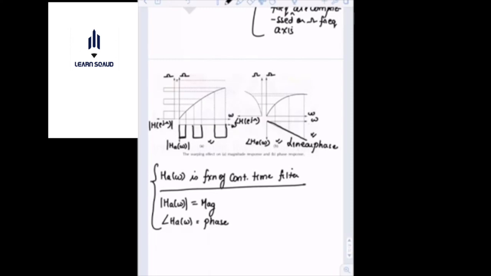Now the transformation from the continuous frequency to the discrete frequency is drawn here. It's a nonlinear curve. So the magnitude response in the discrete domain will change. Okay, so we'll be mapping here. What is the mapping taking place? These frequency mappings are taking place here.